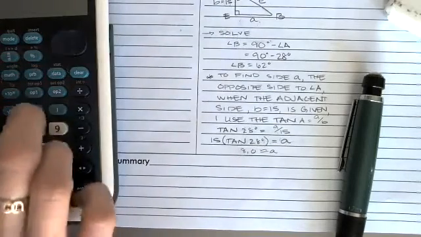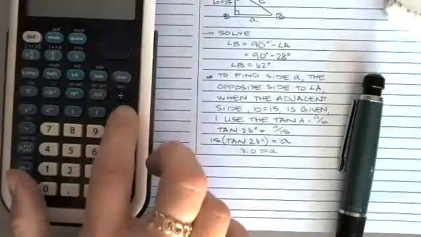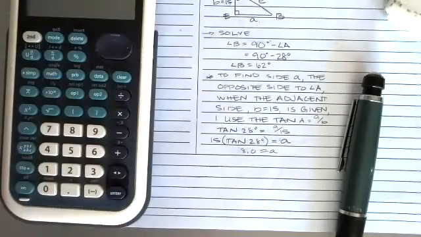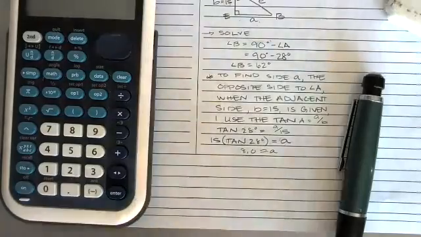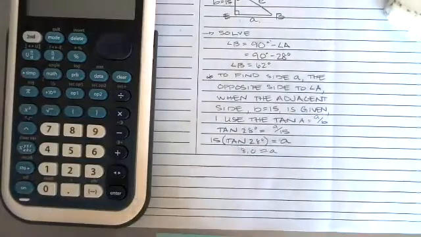Do you have a pi? Where's the pi button on that calculator? Is it on this side or this side? I think it should be with your pi button. Oh, I can't see. Is it right there with it? Can you tell me what kind of calculator it is? It's a TI something. What is it?